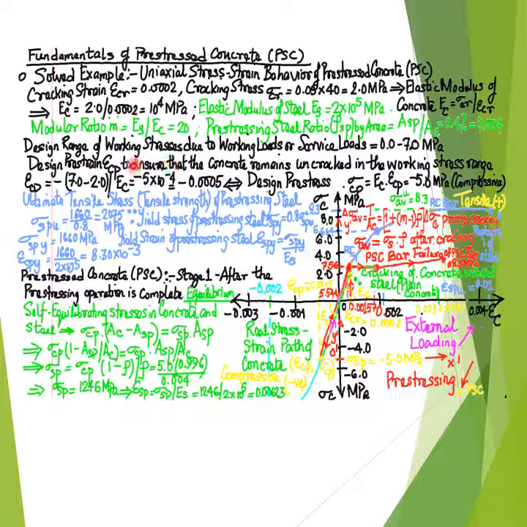The minus sign signifies compressive or pre-compressive pre-stress that will be required to ensure that concrete in the pre-stressed concrete bar remains uncracked in the specified working stress range of 0 to 7 MPa.